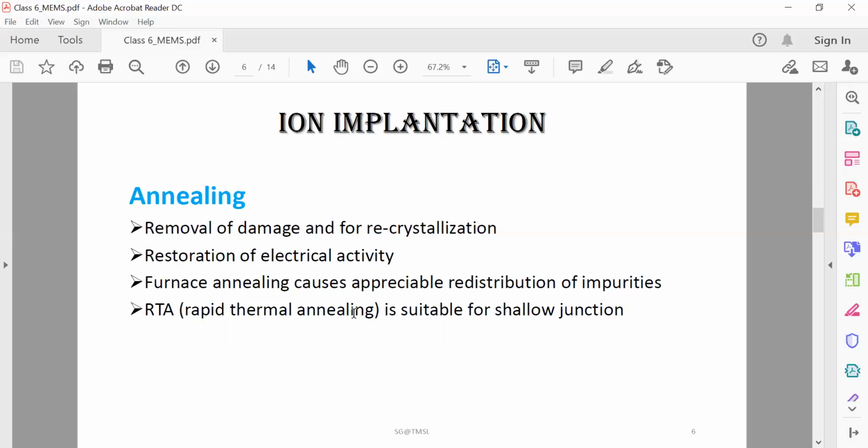Now, two kinds of annealing are there. One is the furnace annealing, another is the rapid thermal annealing, or RTA.